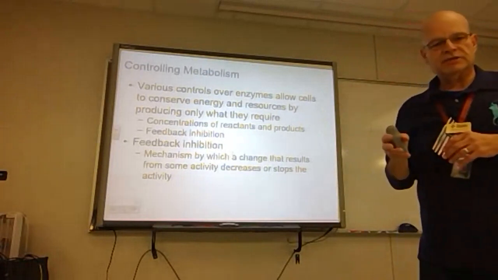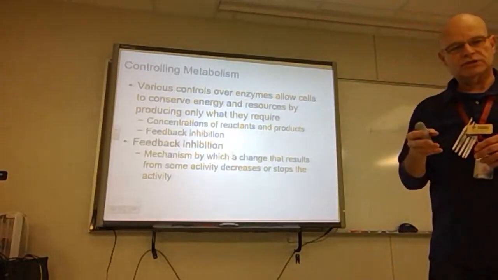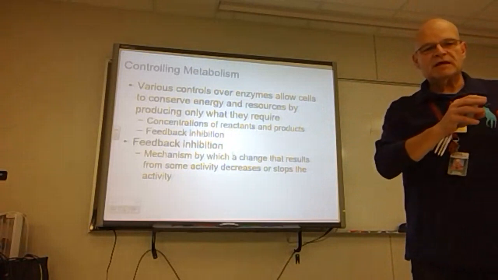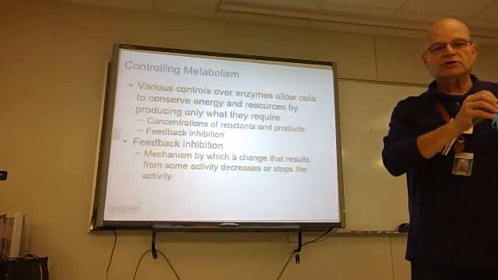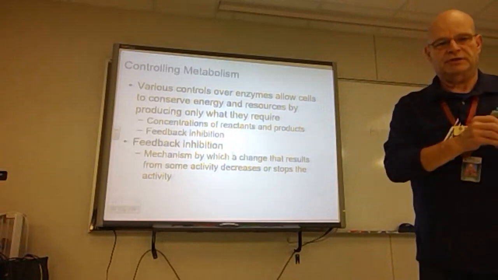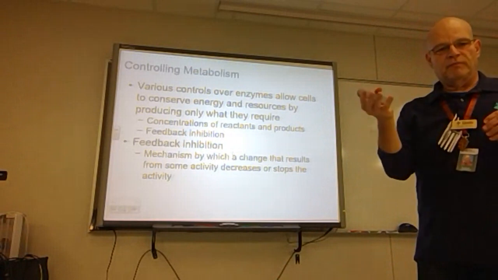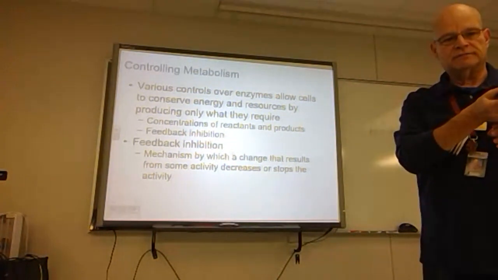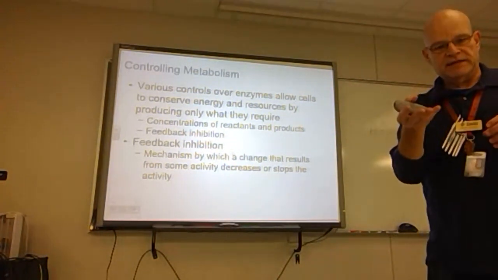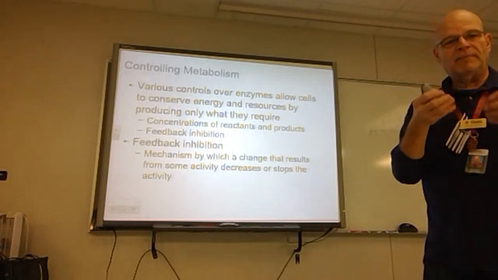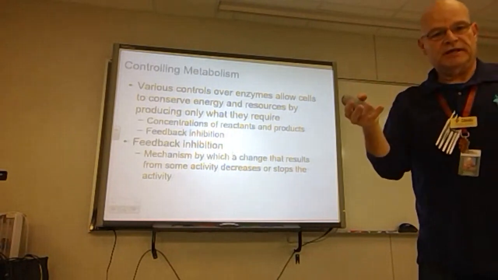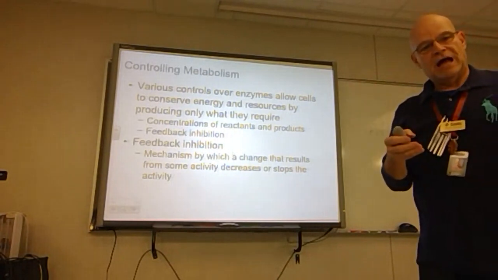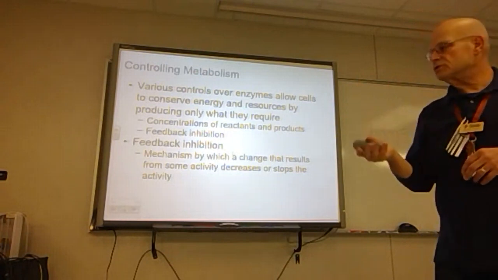In other types of feedback inhibition, the presence of the product actually starts the reaction. So in example 1, you have a product that when you get enough of it, shuts the reaction down. The other example is the product being present starts it. So in one example, the product stops it, and in the other example, the product starts it.